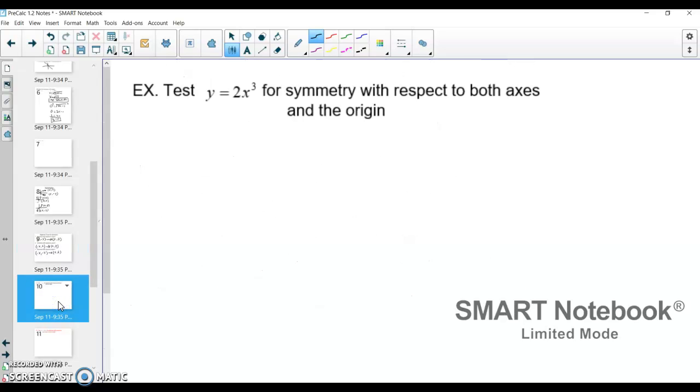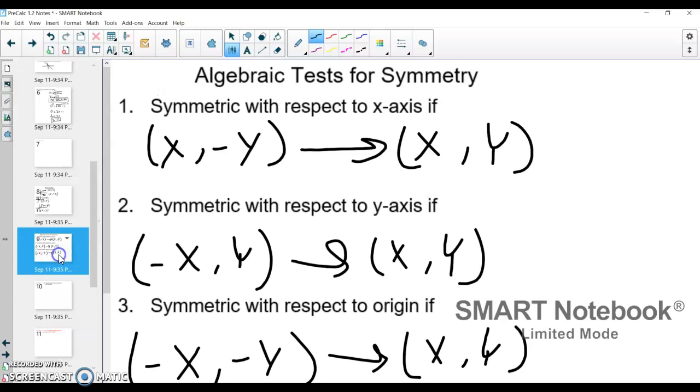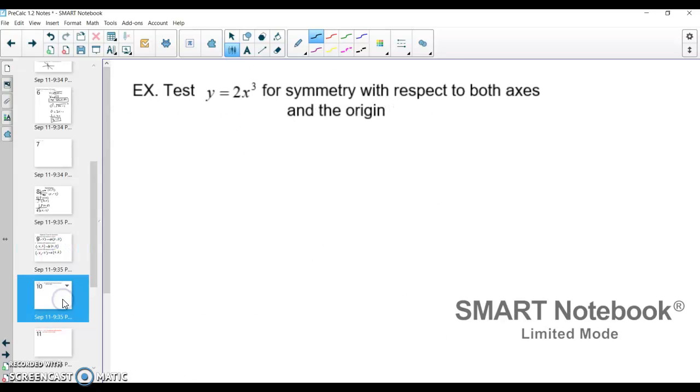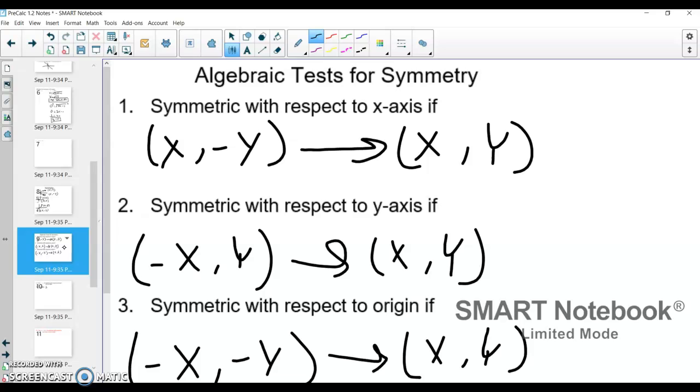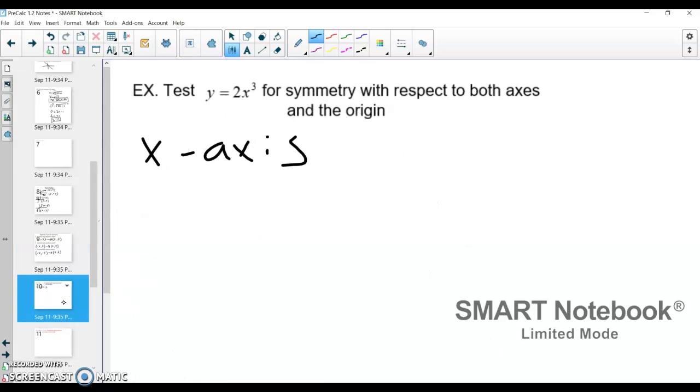So the first one is just testing for symmetry with both axes and the origin. Like I said, we're going to start with the x-axis, so x-axis symmetry. We're going to plug in a negative y and a positive x and see if we get positive x and positive y.